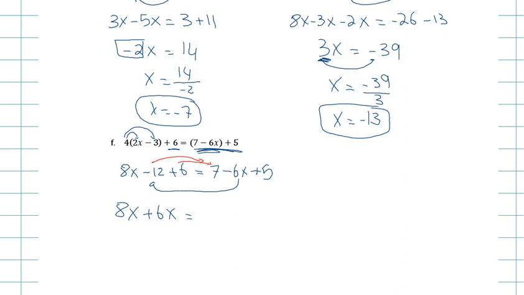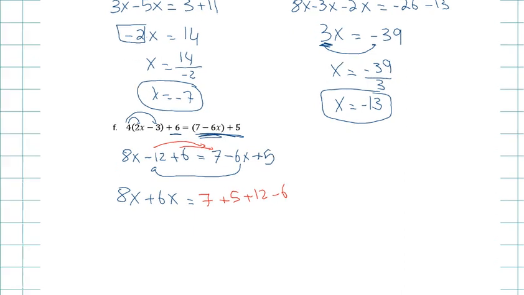So I have 7 plus 5 plus 12 minus 6. Are we okay with that? So the 7 plus 5, take away 12 becomes plus 12, and the plus 6 becomes negative 6. Are we good?